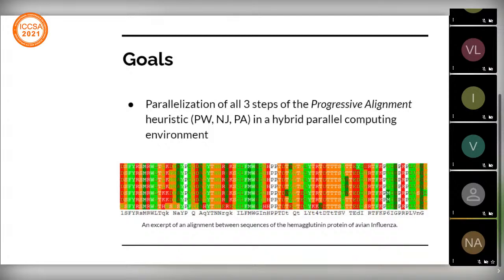First, pairwise alignment, then neighbor joining, which constructs a guide tree, and finally the progressive alignment, which aligns sequence profiles in order to generate a final alignment between all sequences. We will get into more detail during the presentation.